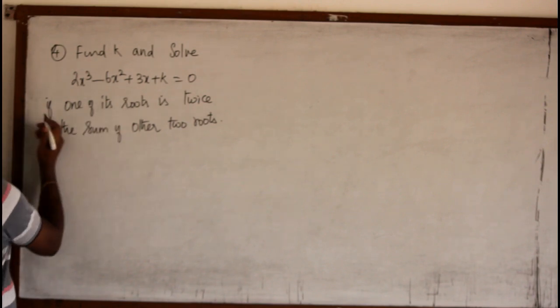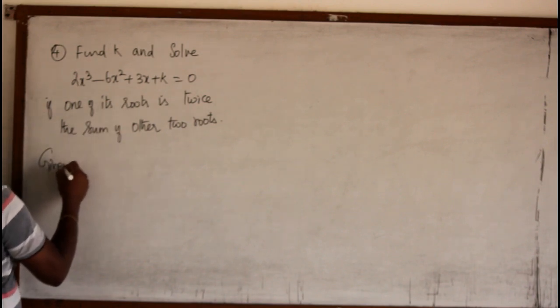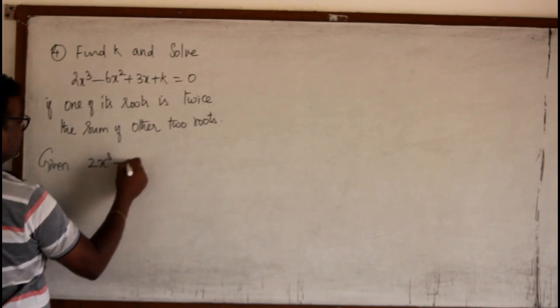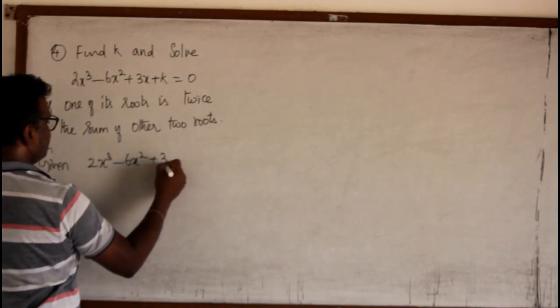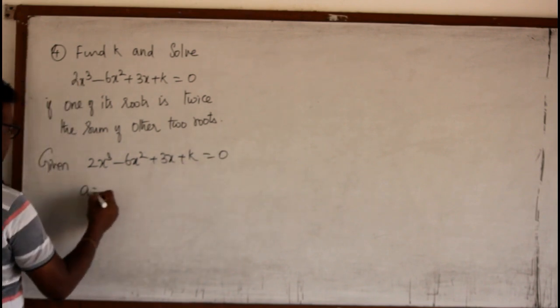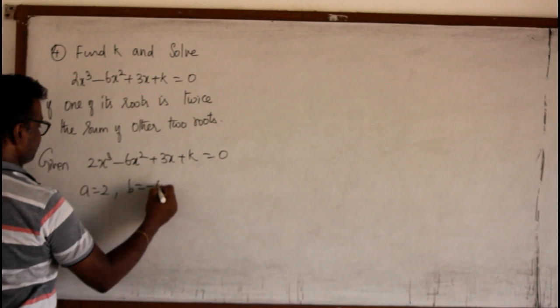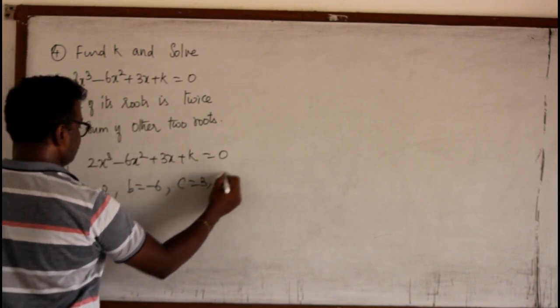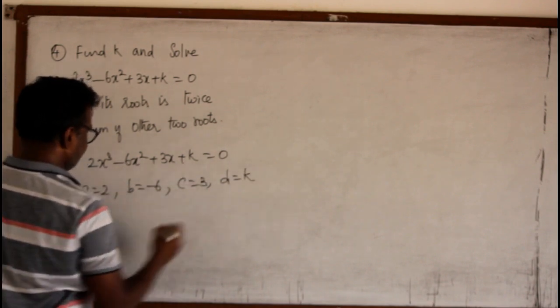So we shall take the given 2x cube minus 6x square plus 3x plus k equal to 0, where a equal to 2, b equal to minus 6, c equal to 3 and d equal to k.